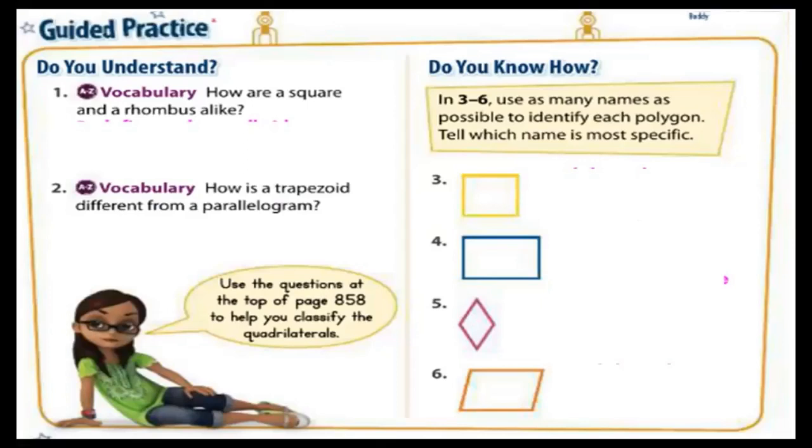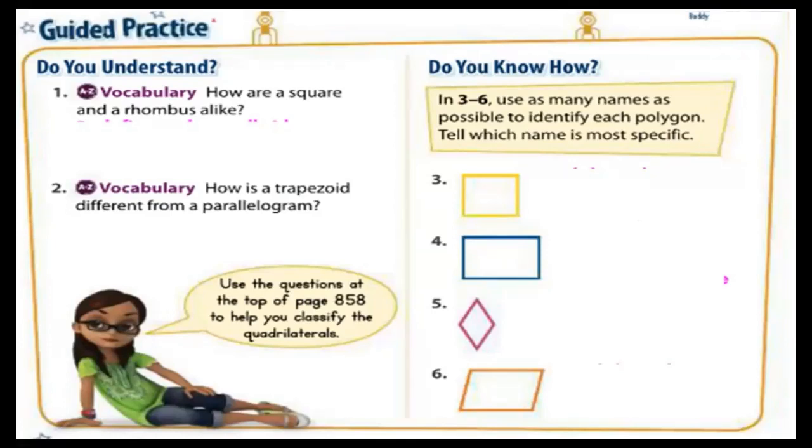You have to mention here, according to the side lengths, and according to the types of angles inside each one. This is the requirement here. If you can determine the properties of each one and compare between them, you answer the question. How are a square and rhombus alike?